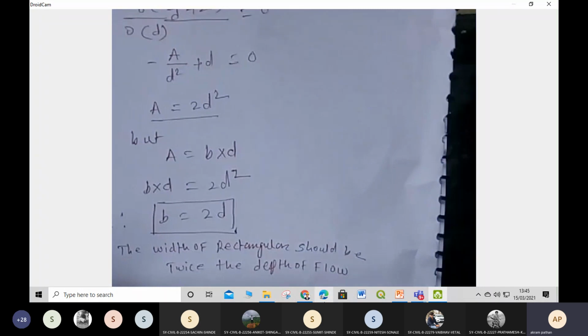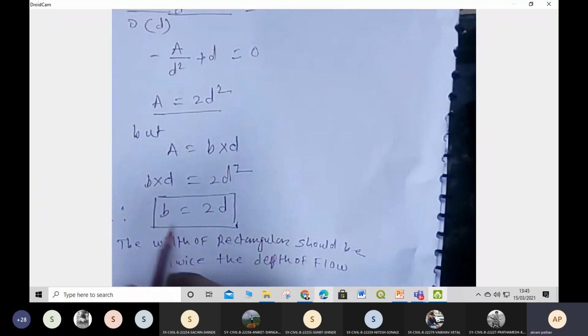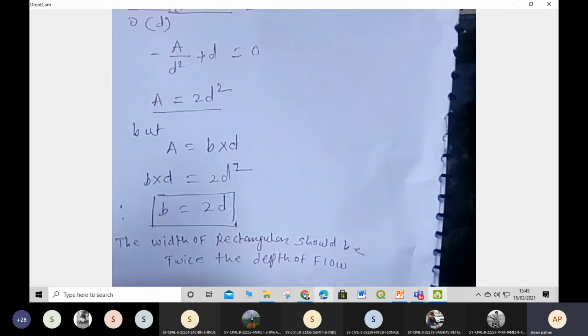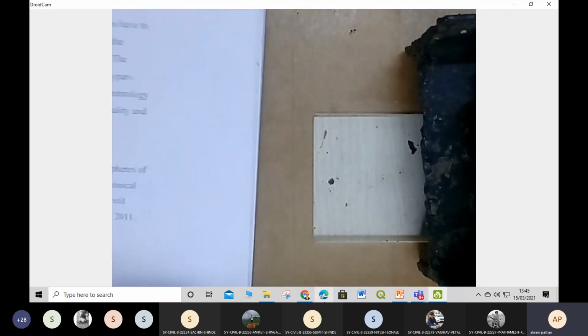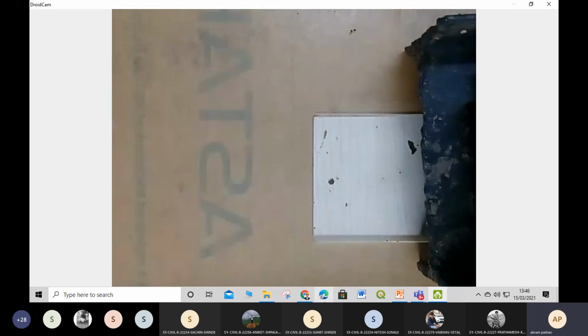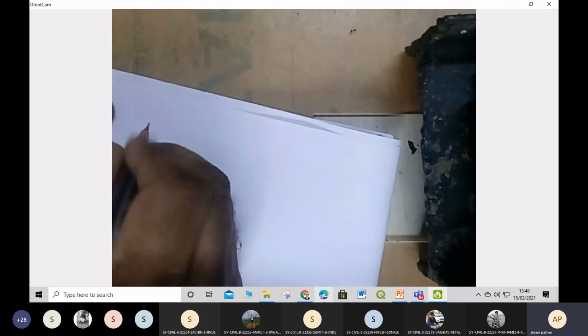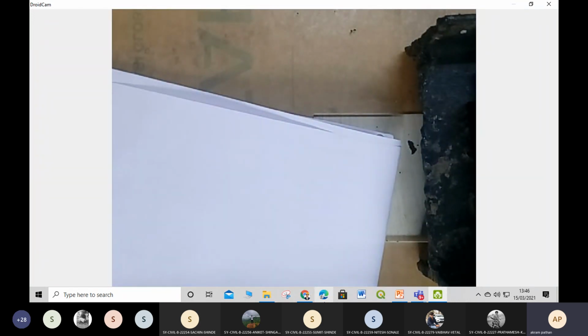So this is the equation for the width: B is equal to 2D. Now for hydraulic mean depth, I am going to write another expression.